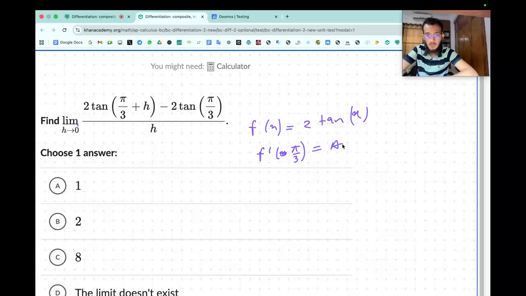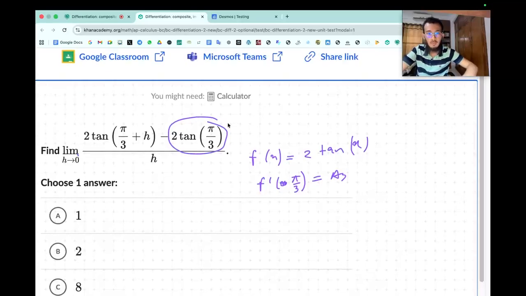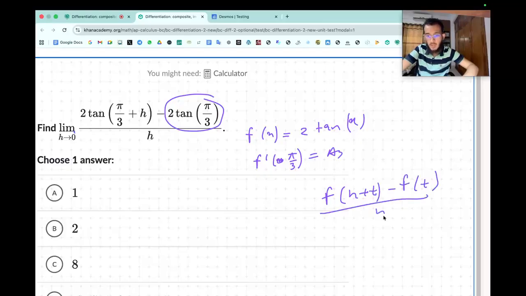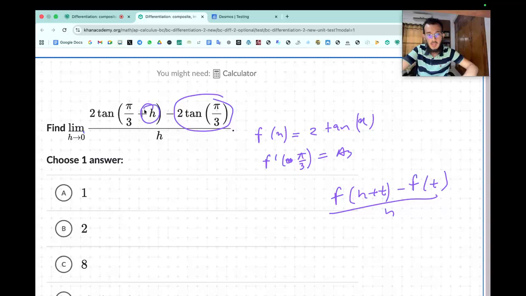This is our answer, f prime pi by 3. If we plug in pi by 3 here, this matches exactly the formula f(h plus t) negative f(t) upon h. So f(t) is this, and we also have h.